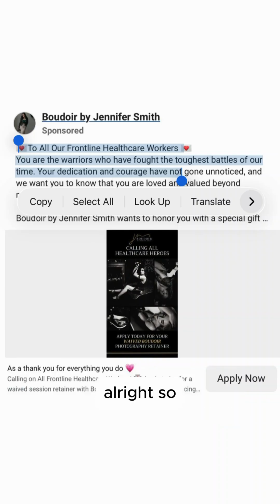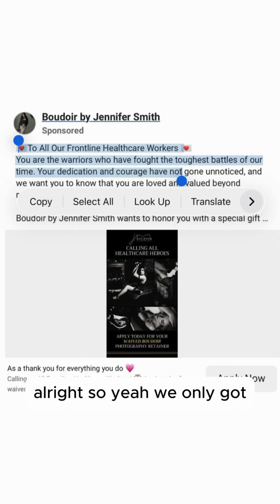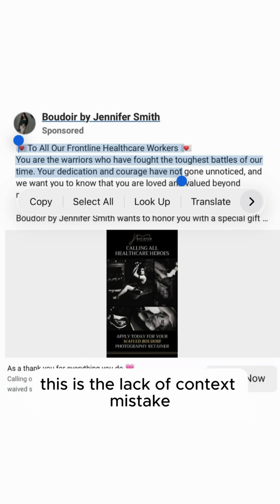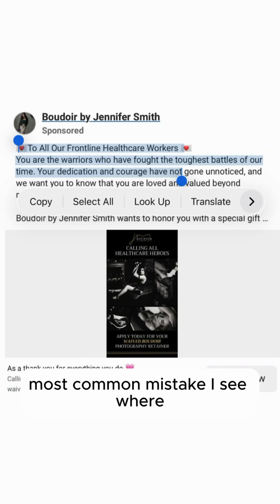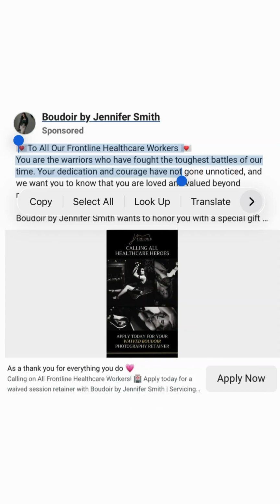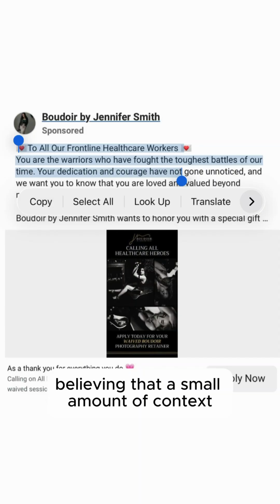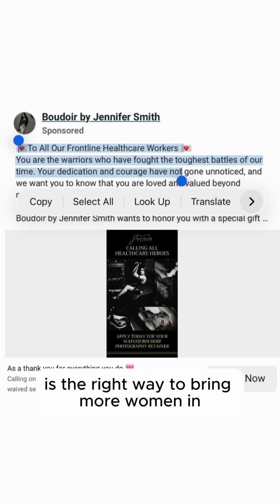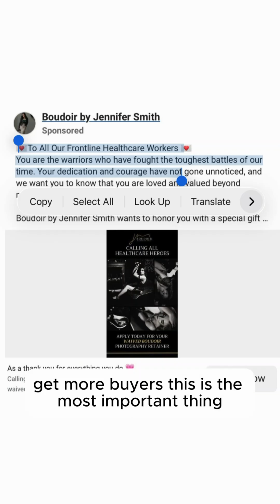All right, so yeah, we only got 1 point of context here. So yeah, this is the lack of context mistake, the most common mistake I see, where we are believing that a small amount of context in our headline is the right way to bring more women in, get more buyers.